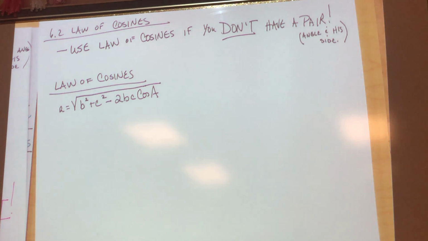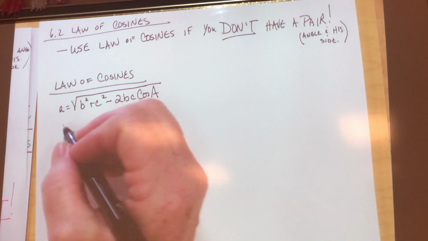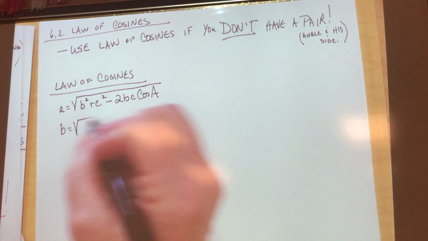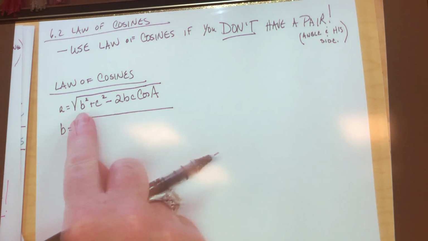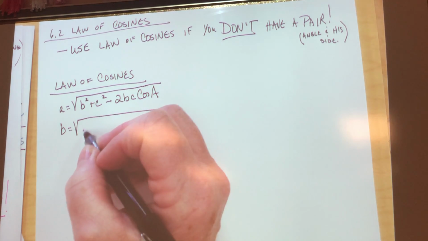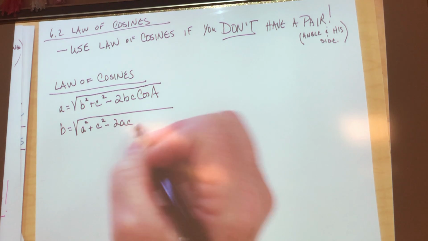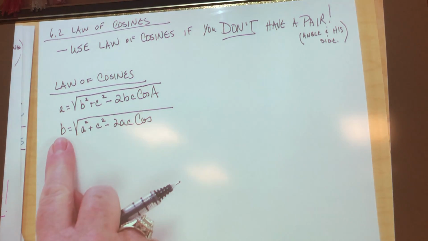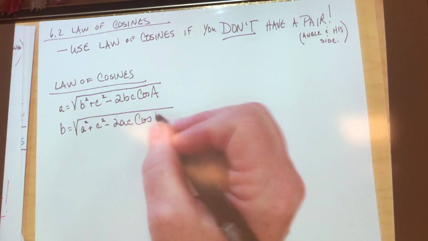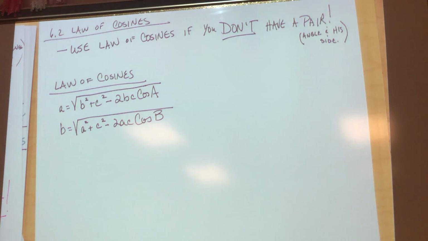I don't memorize formulas, so I memorize ways to know things. So b is going to be equal to the square root of the two other sides. What is that going to be? a squared plus c squared minus 2ac times the cosine of this angle. Do you see it?